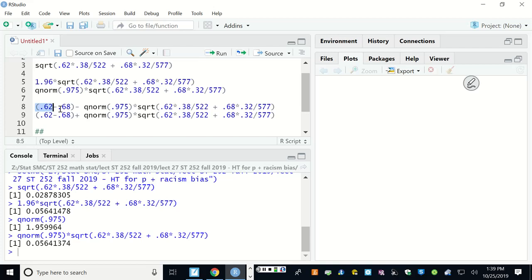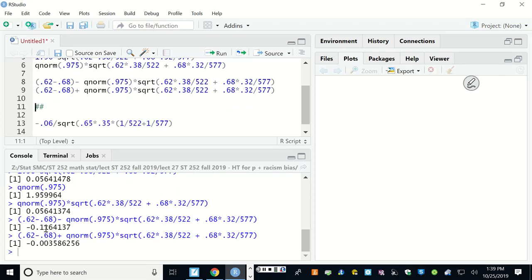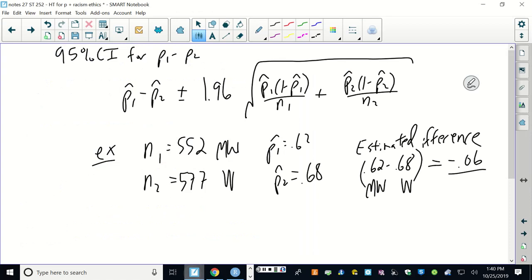And so the confidence interval, the lower part is the difference minus, up to the difference plus, and those give us values of negative 0.12 up to just below 0. Probably rounded it to 0. So we're 95% confident that the difference is between negative 0.12 and up to 0.